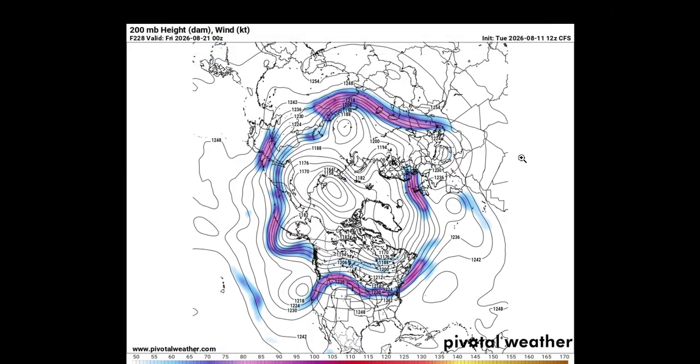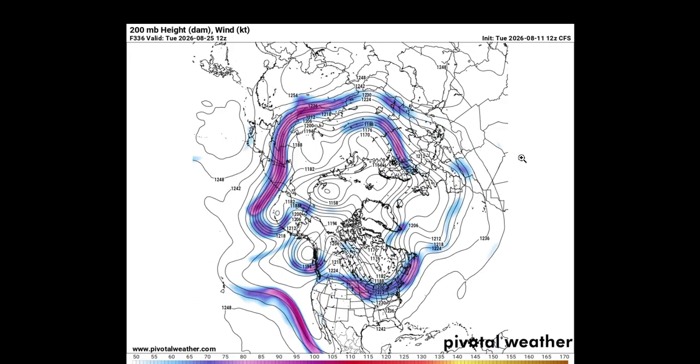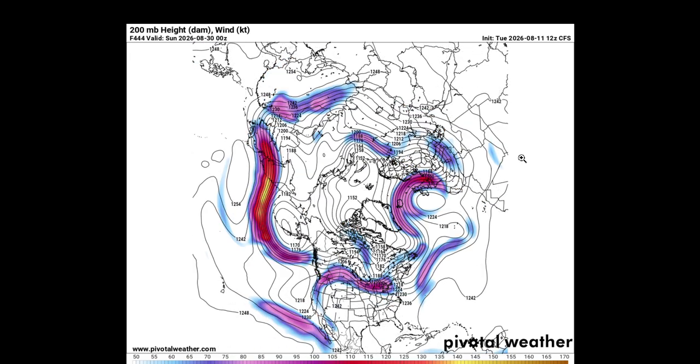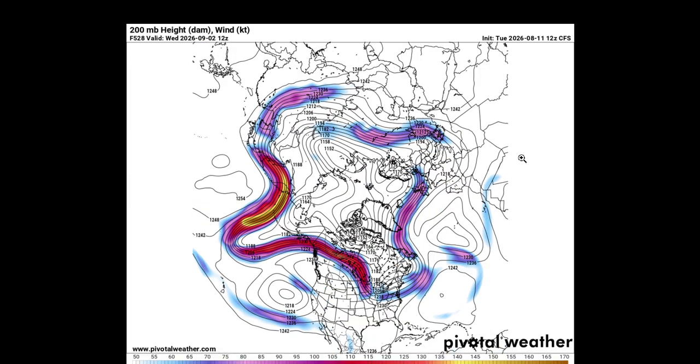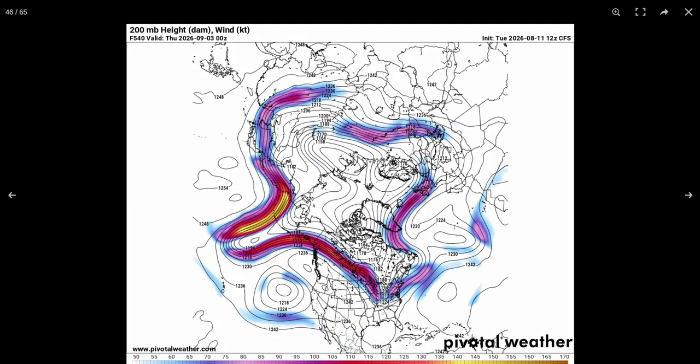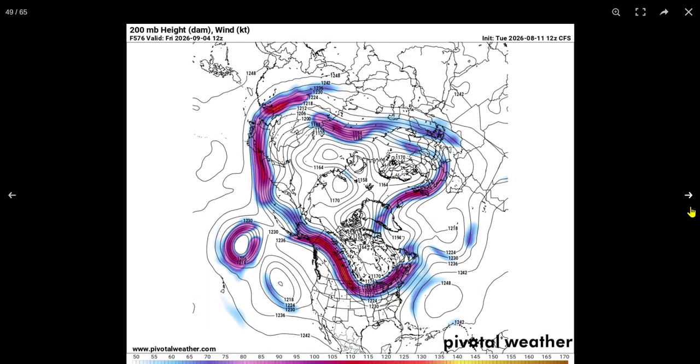Okay, it does really show a weak Arctic circulation. Let's see. Yeah, it really shows it weakening here around early September. This is a really weak Arctic circulation.